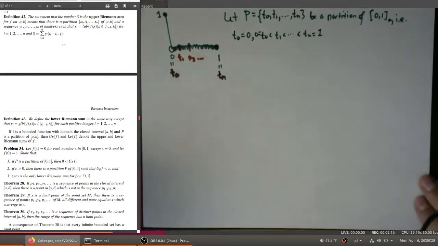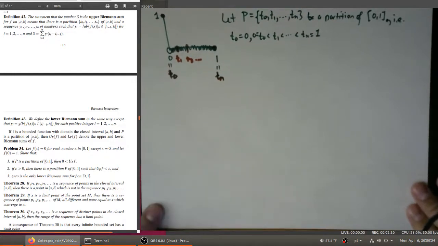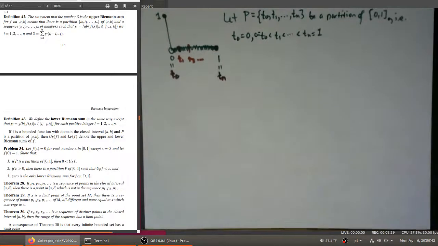Now when I compute the upper Riemann sum, I need to compute these y_i numbers. By the definition of the y_i numbers, if I take i equal 1, because that's the smallest value of i I'm allowed to take, I'll have the interval from t0 to t1.